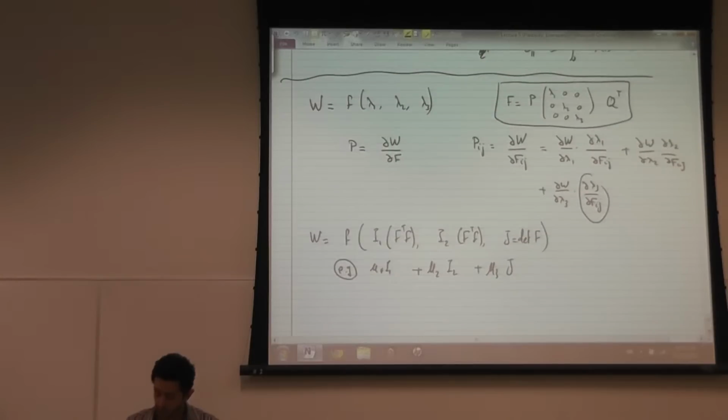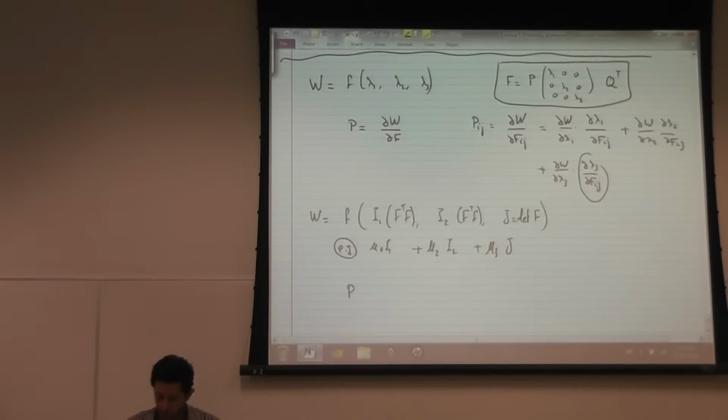And so I would be interested in calculating P as partial W by partial, whatever the variable there is.